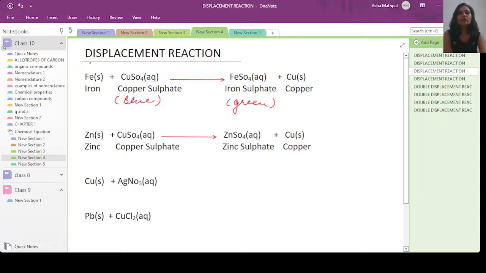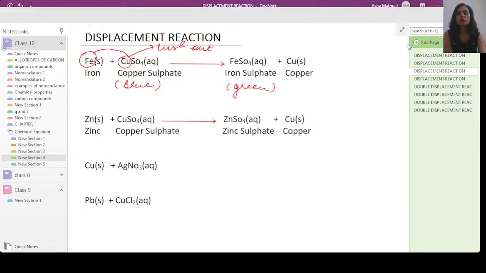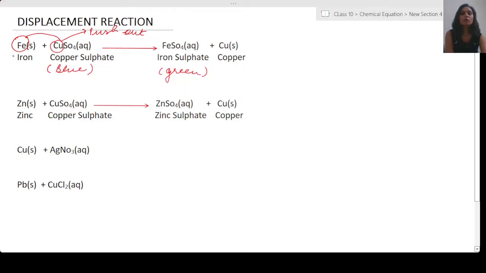Meaning to say that iron, which is more reactive as compared to copper, will displace copper. It will push the copper out from its salt solution and form its own compound.